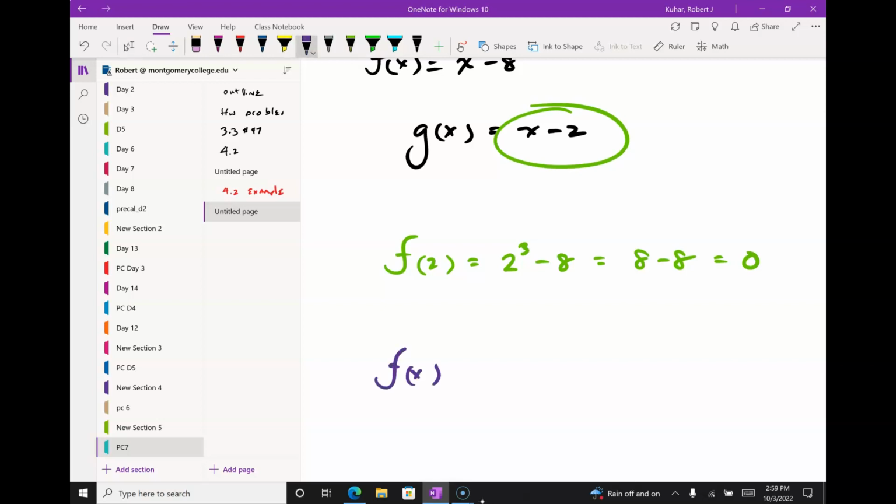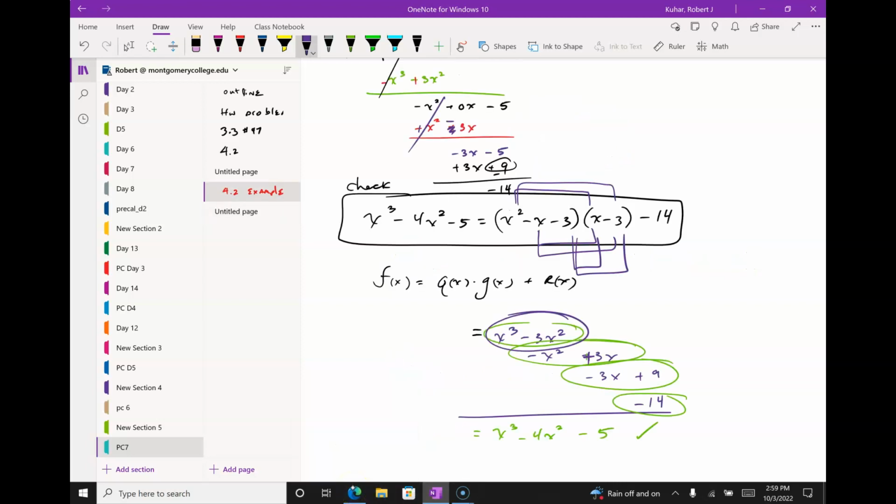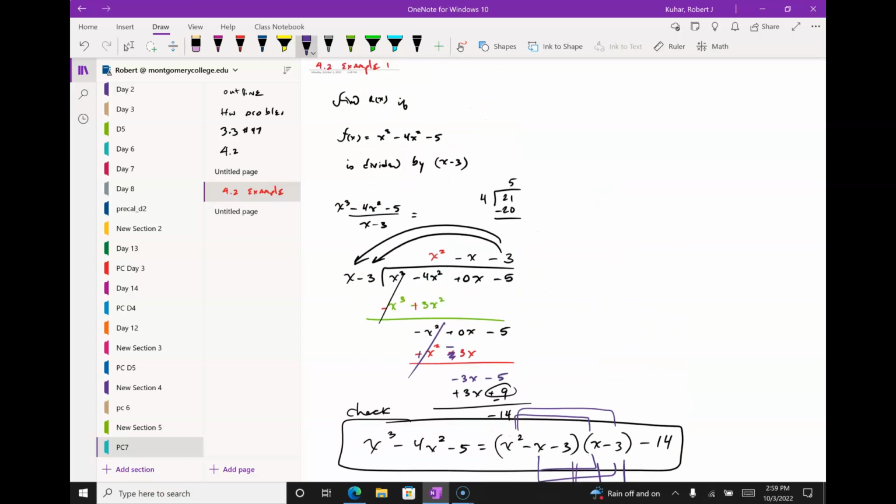f of x was x cubed minus 4x squared minus 5, right? And I had g of x minus 3.